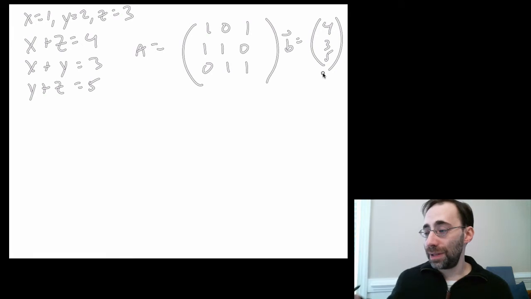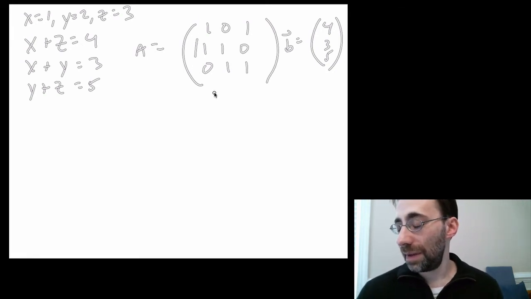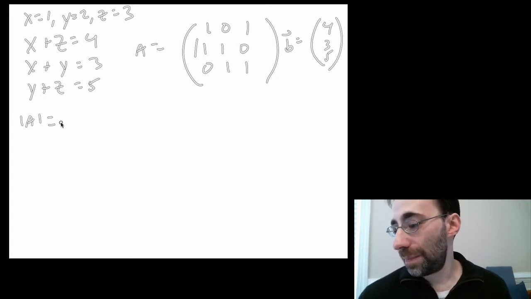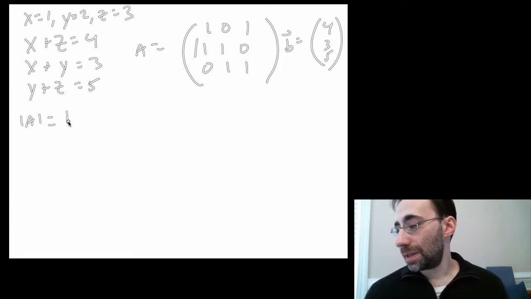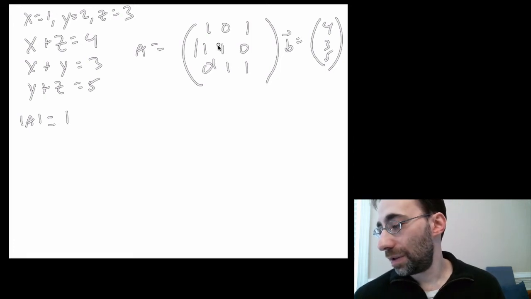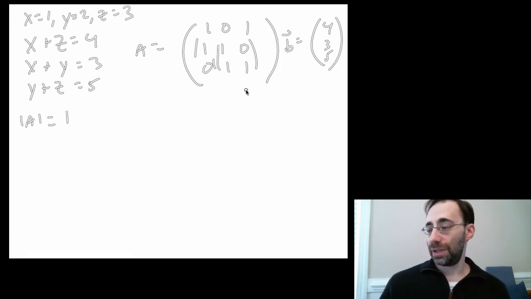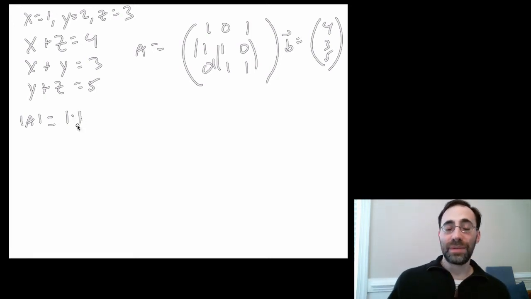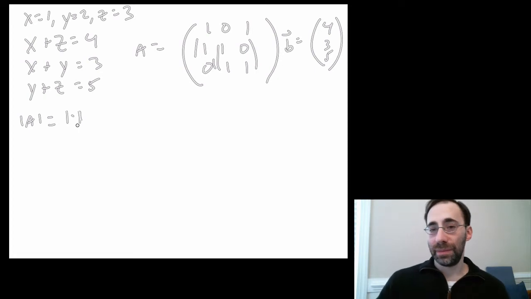So first, let's do the determinant. We can expand it any way we want. Let's do the first column. So the determinant of A is going to equal 1 times the determinant of this, which is 1, times negative 1 to the i plus j. i and j are both 1 in that case, so it's 1.